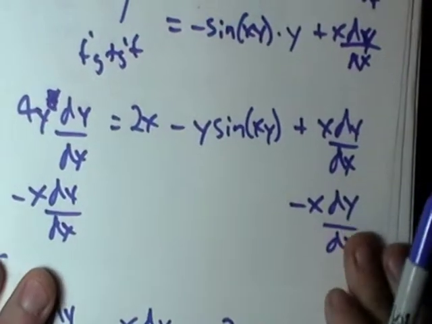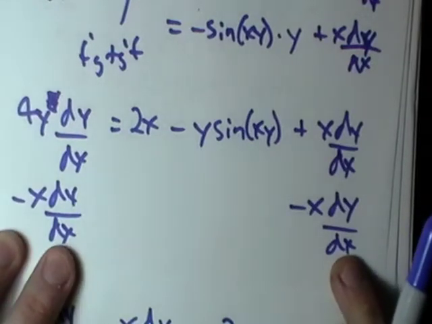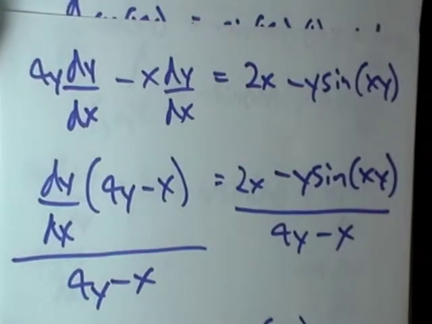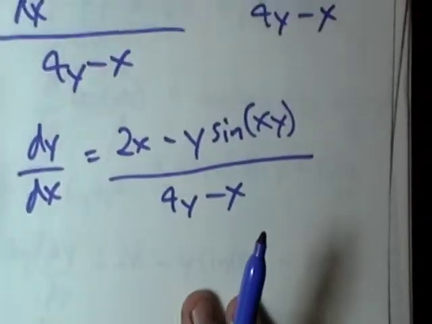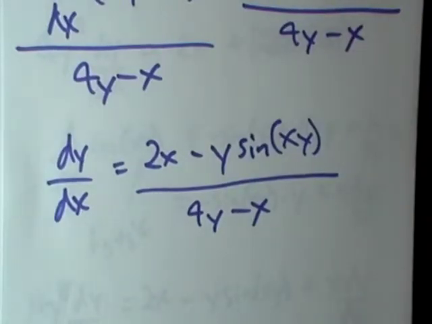And then after that, it was just a matter of treating dy dx just like it was some variable, and we solved for it in the end. And in the end, we ended up with a really crazy looking derivative too. So that's that, and plenty more to come.